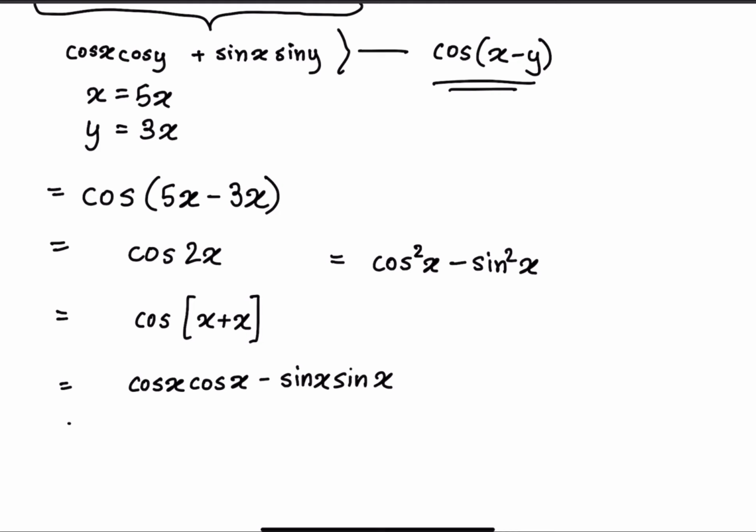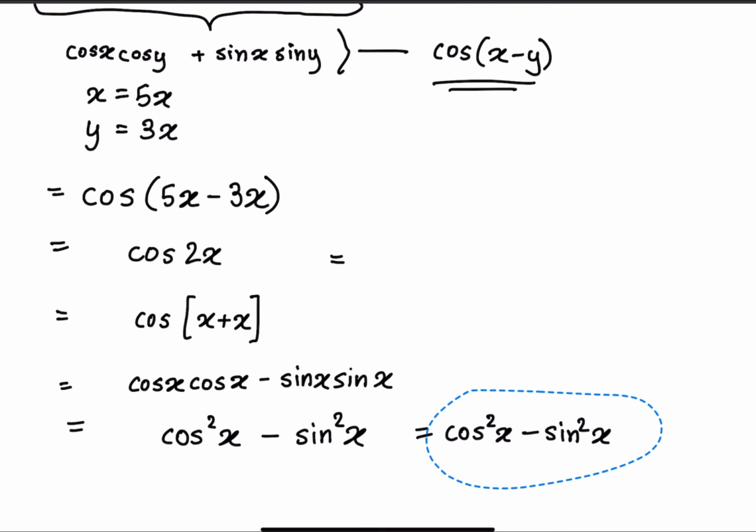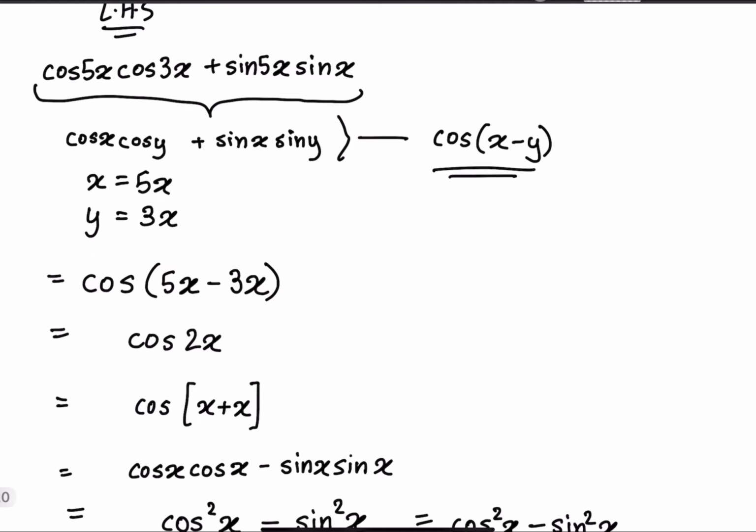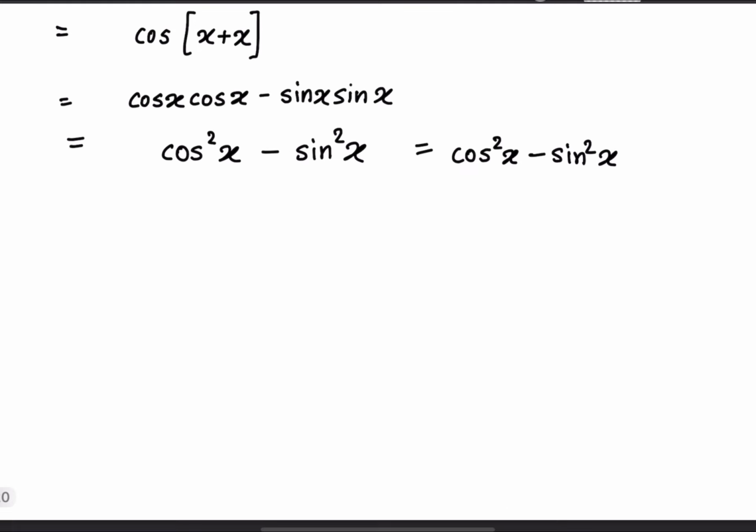Now, if you look at it closely, cos x times cos x is the same thing multiplied by itself, which is the square of the number. So that would give us cos squared x minus sine squared x. So that means we have solved this question and we've proved it.